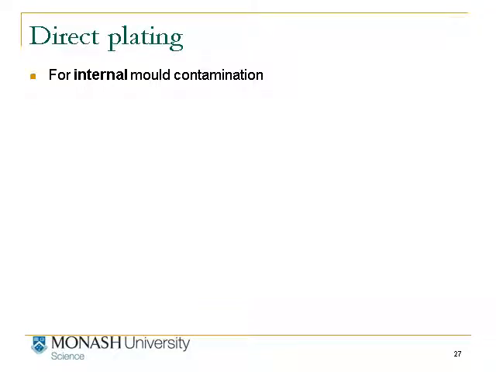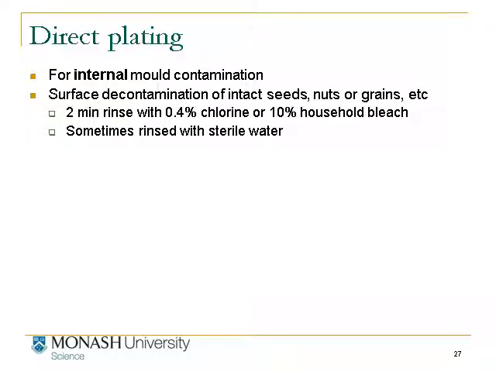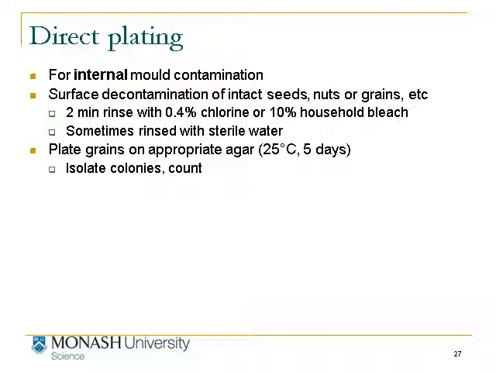For internal mold examination, we do direct plating generally, where this is mainly from plants. You must do a surface decontamination of intact seeds, nuts or grains by rinsing with bleach or alcohol, and then sometimes rinse off with sterile water. After that, you plate the grains on appropriate agar culture at 25 degrees Celsius for about 5 days to see colonies of fungi, and you can also count them.